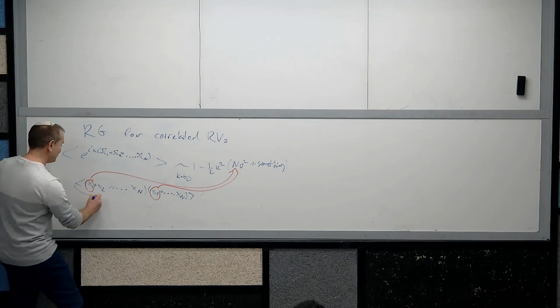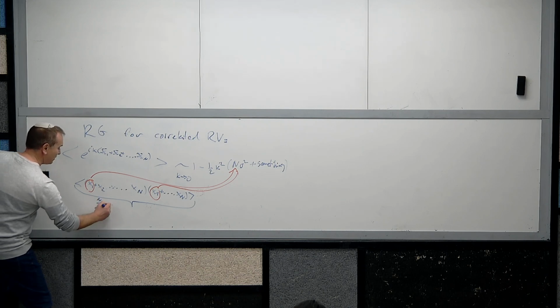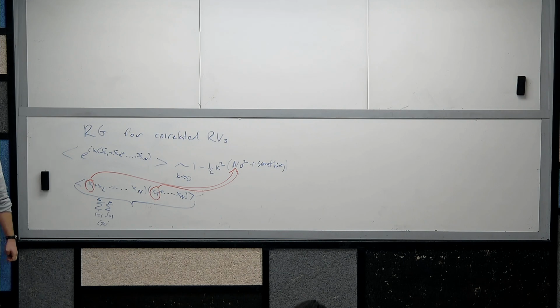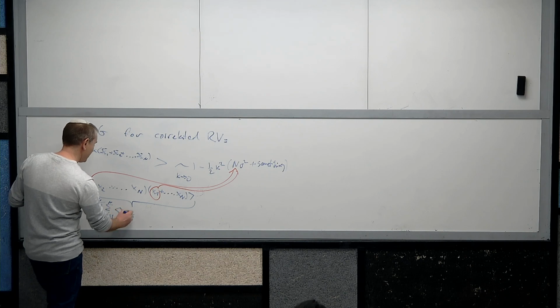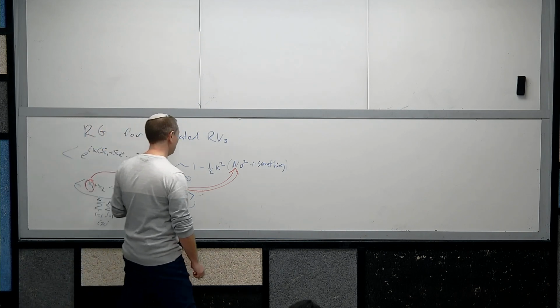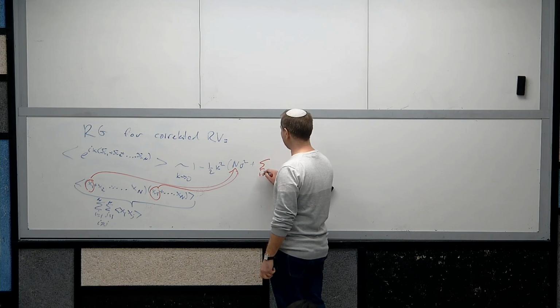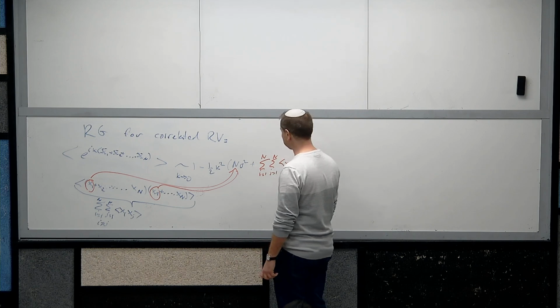So after we do all of this, we have a summation i goes from 1 to n, a summation j goes from 1 to n, i does not equal j, and in between we have xi xj average.